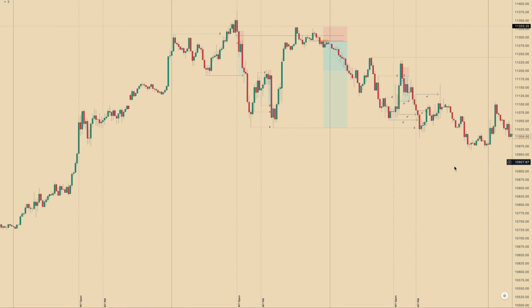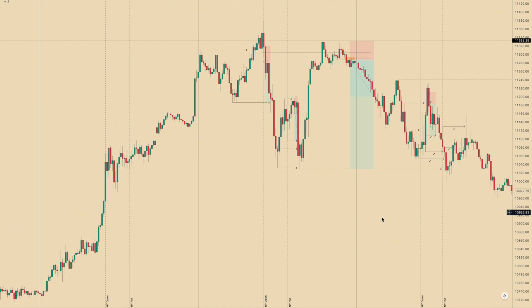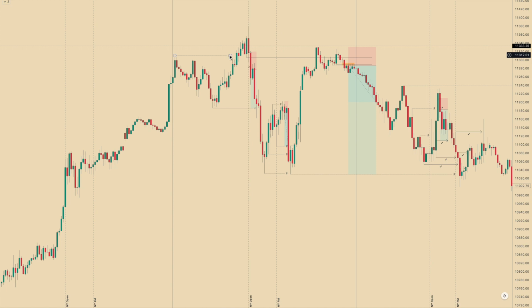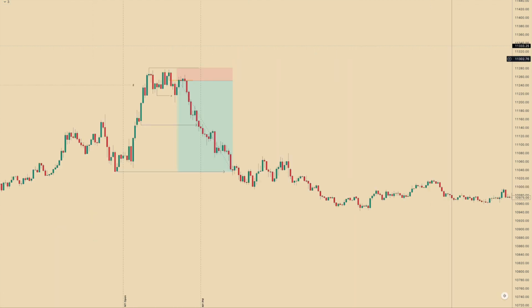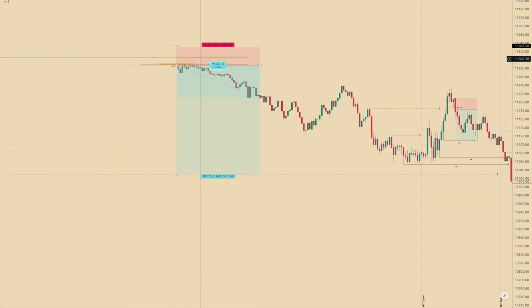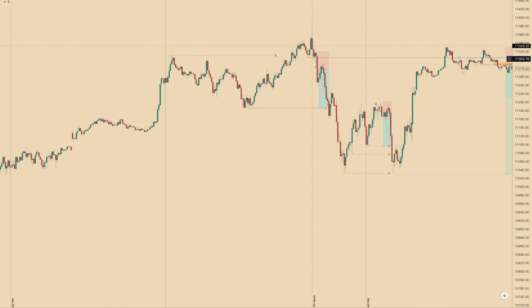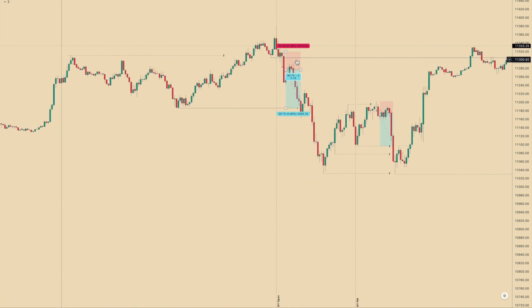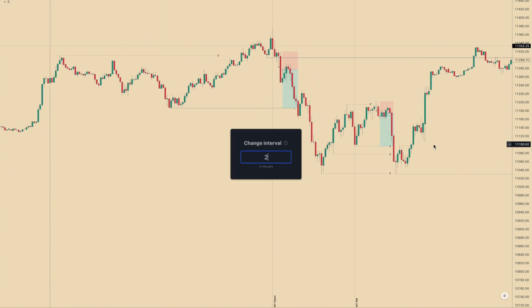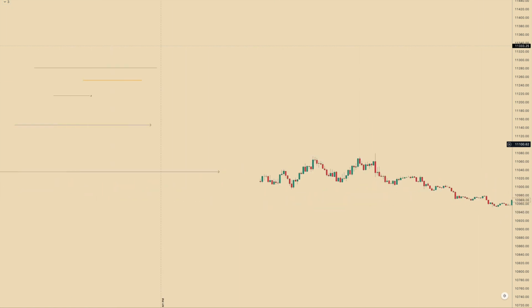Now on Tuesday we had a pretty nice opportunity here. We see that we have a run on buy side liquidity here. If we go to the M5, I believe the M5 was the time frame that this was marked up. No, it was the M2, excuse me, guys. So let's go to the M2.